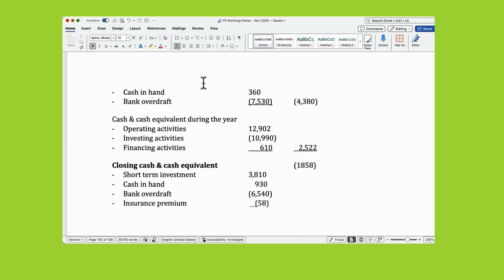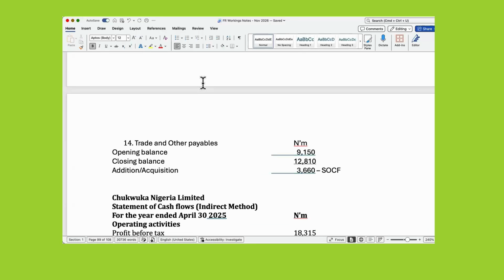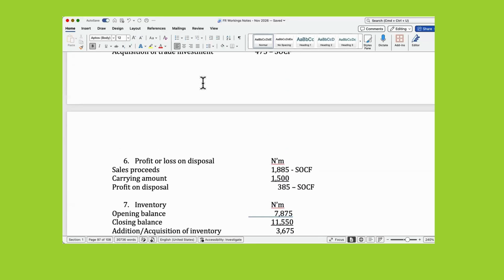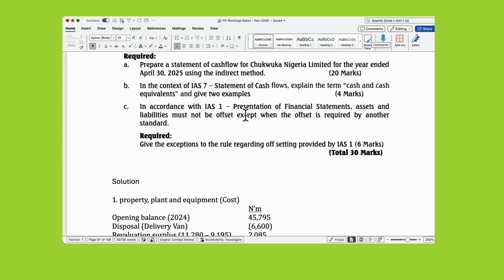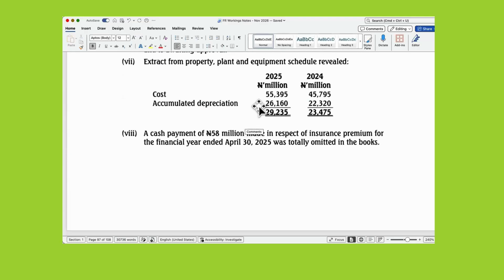So last week, I already solved one question. I've explained the core principles around statement of cash flows. But in order to do justice to the topic, we need to solve more questions so that we know that it's done totally.